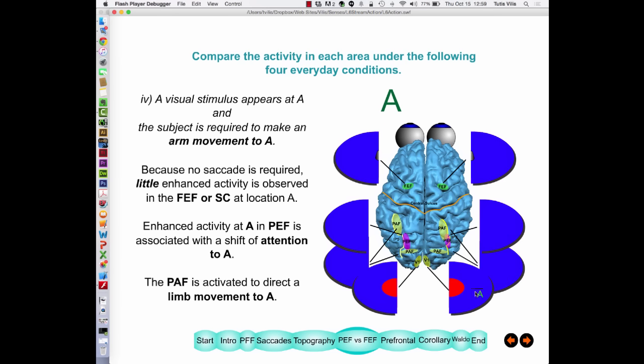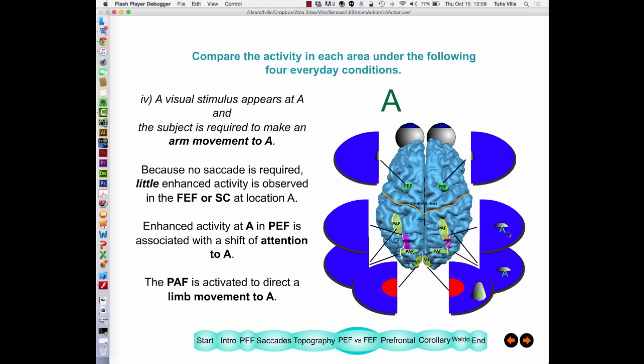So you have activity not only in the visual cortex, but you have activity in the parietal cortex, but this time in the parietal arm field, as well as the parietal eye field.